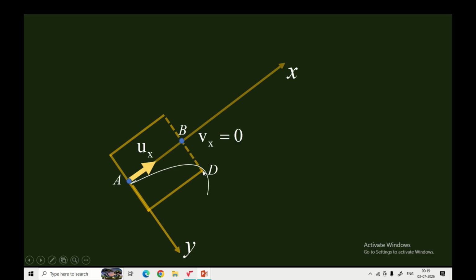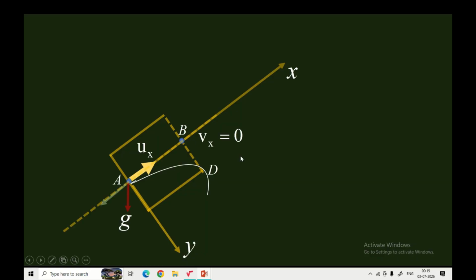And if we project this point D on this x-axis, it will be at the point B. So consider only the x projection of this motion. Suppose its velocity in x direction is ux initially, and at B, since it's moving parallel to y direction, its velocity in x direction will be 0, so Vx will be 0. And this is the direction of gravity, vertically downwards.